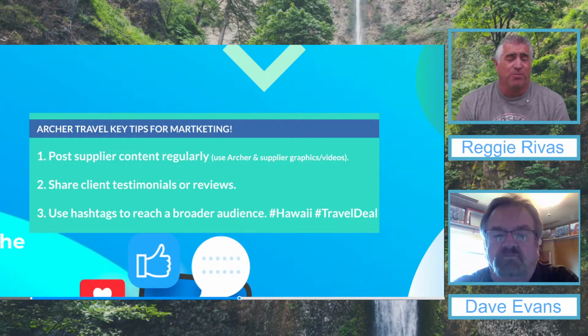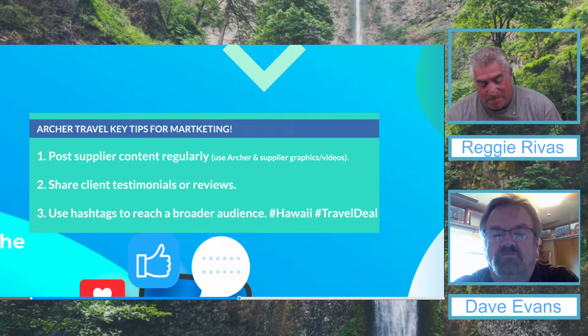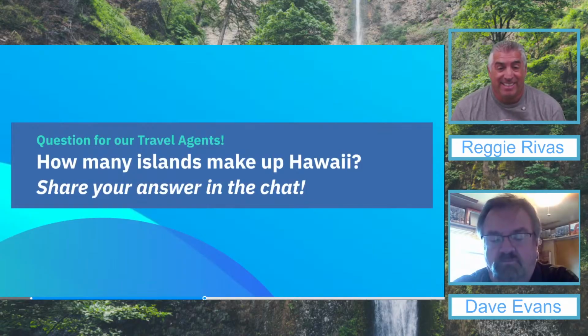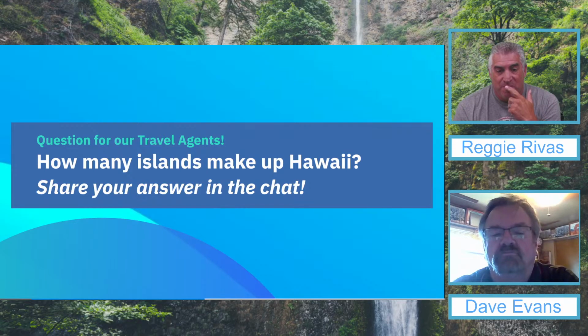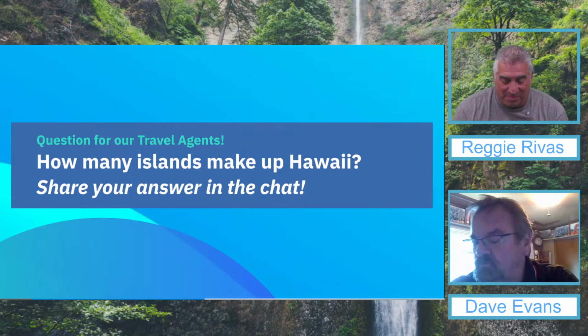And Amanda, what's the answer, and how many did we get? Okay, so we have a lot of answers, and technically there's two answers to this question. It was a trick question. So there's the major islands, and then there's all the islands. So here's the answers we're getting: 137, 7, 5, 300, 9, 5, 8, 137, 9.